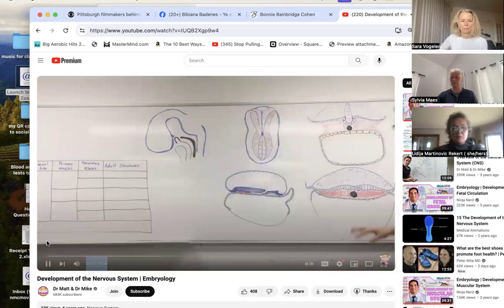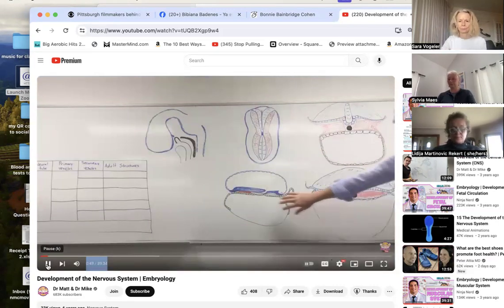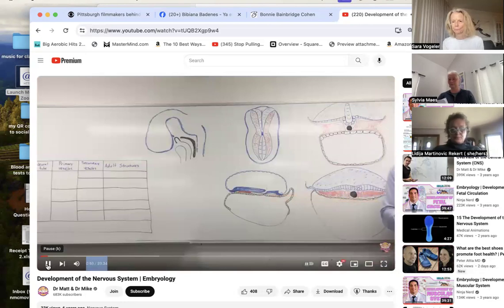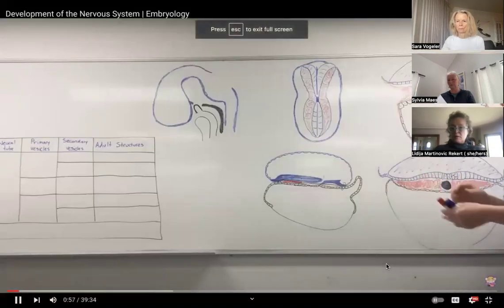So let's go across to this image. Okay, does that sound okay for you guys? Yes. Okay. These two images we used in the introduction of embryology or the embryogenesis. So if we look firstly here, this is about 3 weeks.